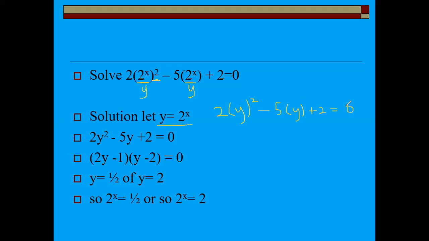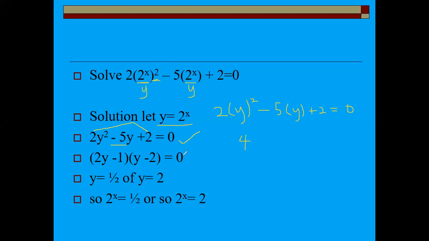So that will lead us to this equation here, and to solve that algebraically, this is a quadratic expression. So first you find the product of the coefficients a and c, which is 4. Then you find two numbers which, when you multiply, you get 4, but when you add, you get minus 5 here.